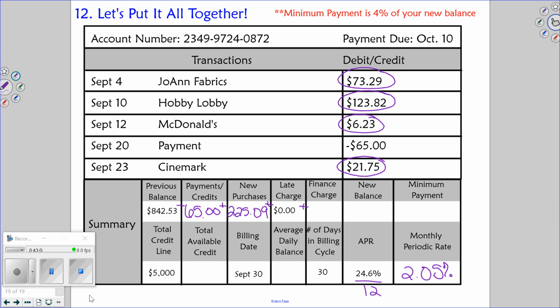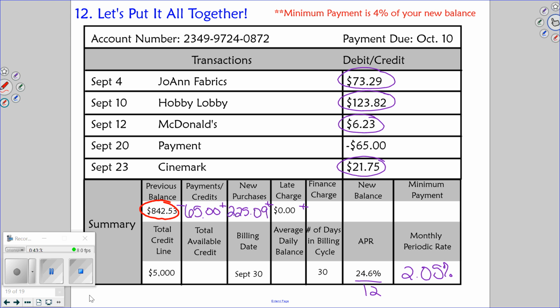So what we need to do, how much was the previous balance? Can you find the previous balance? Yes, your previous balance, how many days did it sit at that balance before I made another purchase to change it? Look at your transactions. When did you make your first charge for September?